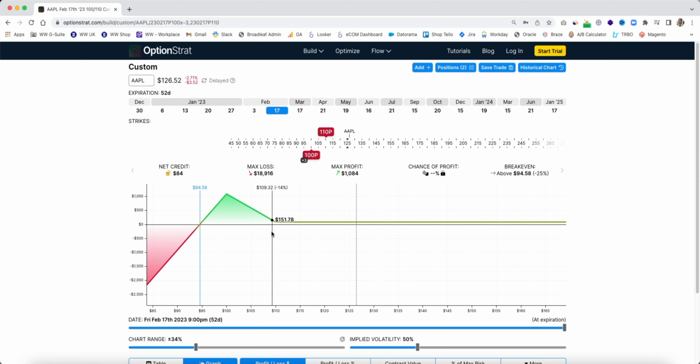And we start making more than the $84 when we start to breach our short put option, so the $110. And the reason for this is because our 110 put option that we bought will be in the money.